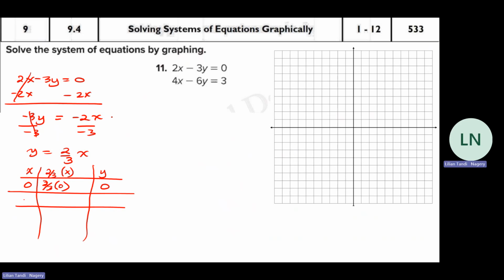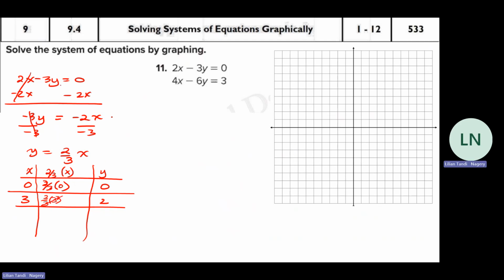I can use 2, it will give me a decimal, so I will use 3. When I use 3, I should get 2. 2/3 times 3, the 3s will go away, you'll be left with 2.